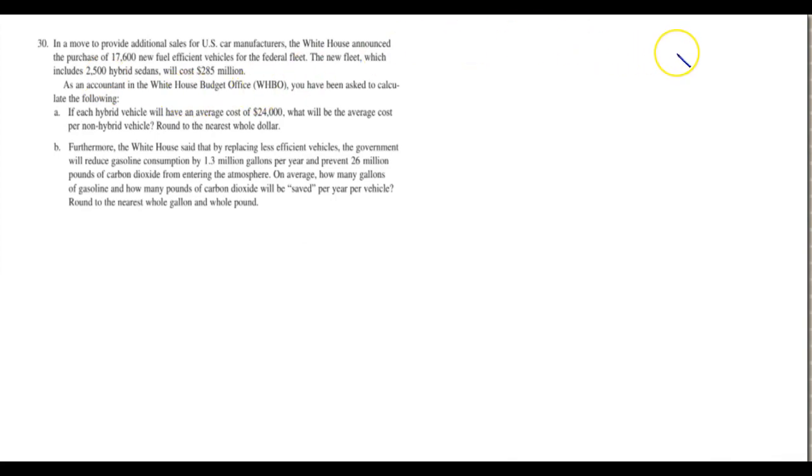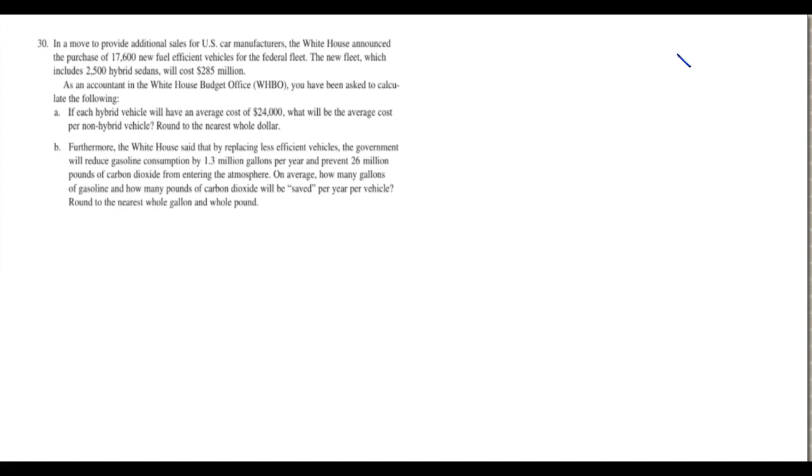Okay, now we're going to look at problem 30. So in a move to provide additional sales for U.S. car manufacturers, the White House announced the purchase of 17,600 new fuel-efficient vehicles for the federal fleet. The new fleet, which includes 2,500 hybrid sedans, will cost $285 million.